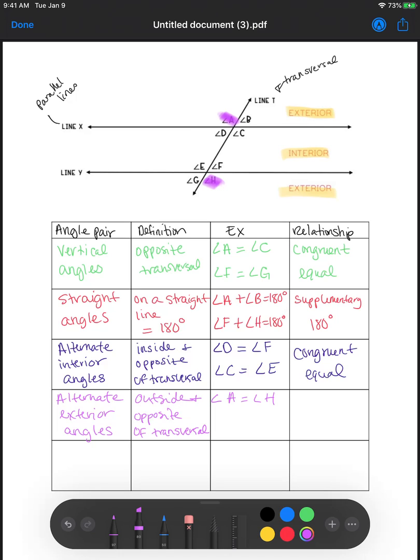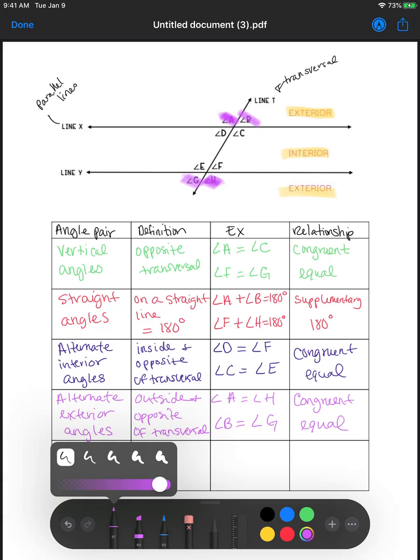Okay, and then we have angle B and angle G. They are exterior and alternate of the transversal, opposite sides. Again, these are congruent, which means they are equal.